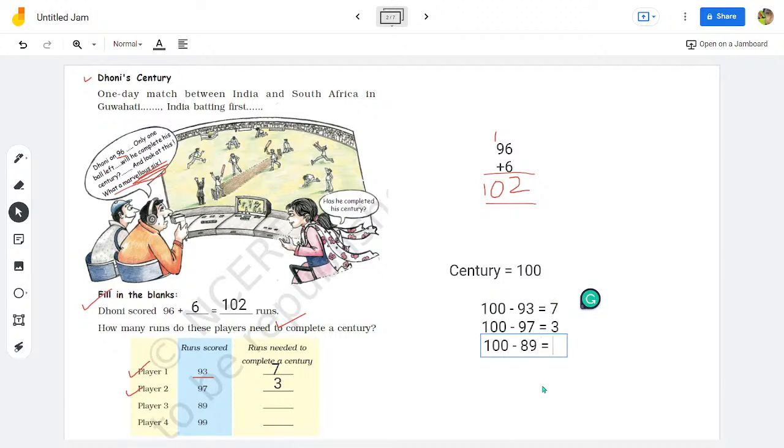If we do 100 minus 89, then we would have to do the column subtraction, or if you know mental calculation, you can do it straight away.